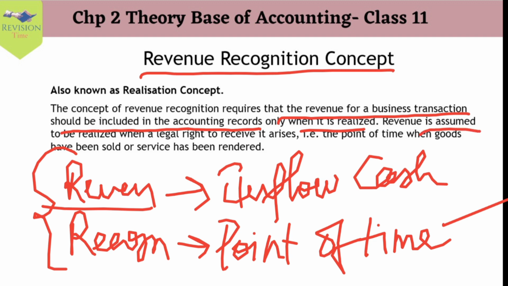Revenue is assumed to be realized when the legal right to it is received, the point of time when goods have been sold or service has been rendered. Here we are not recording that transaction when we receive the cash for it, but we record that transaction at the point of sale or point of service. This is about revenue recognition concept.